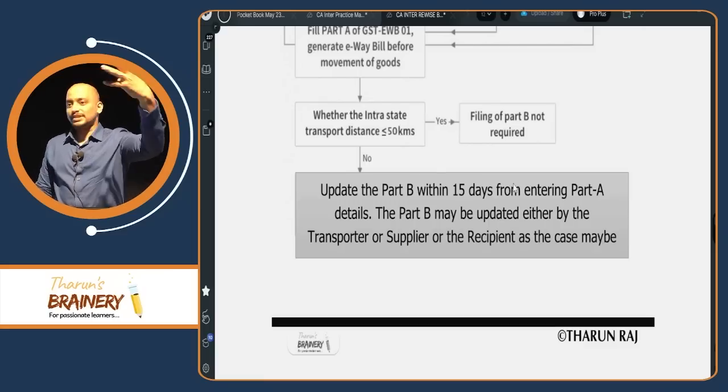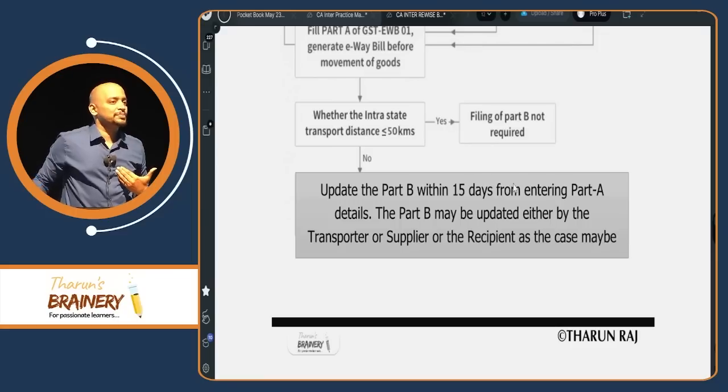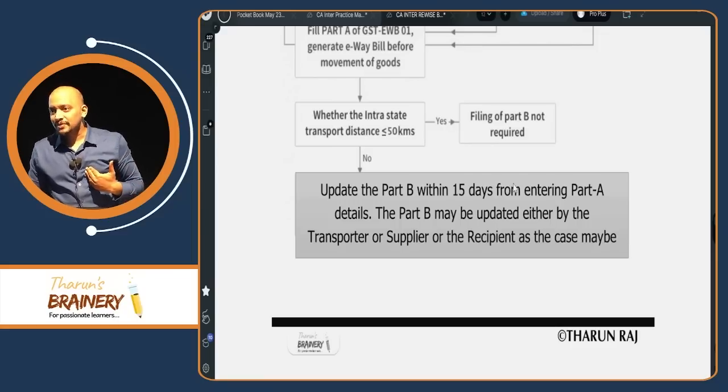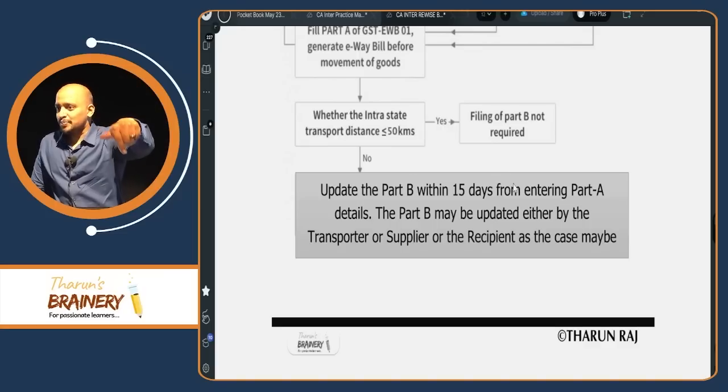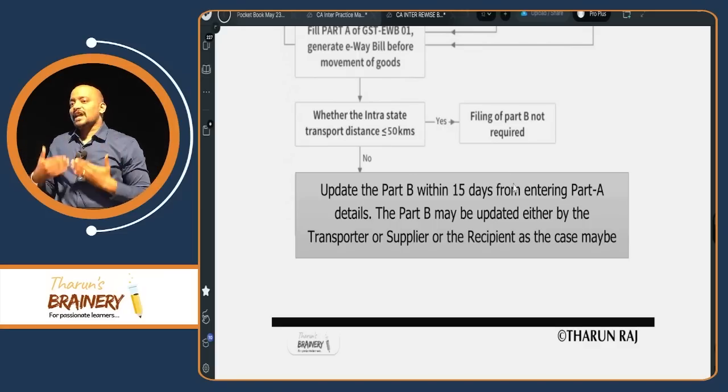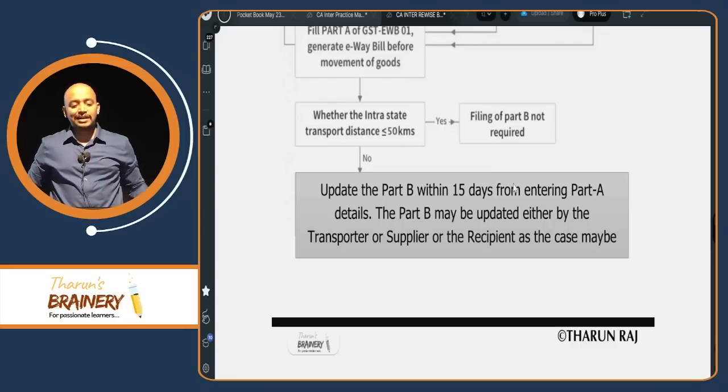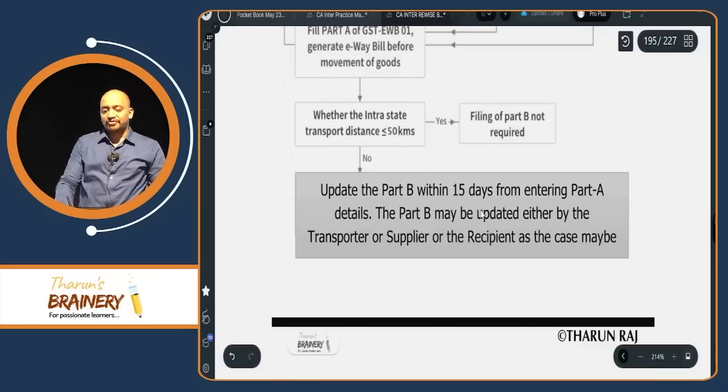I gave the goods to the transporter. How will I know the vehicle number? Who knows the vehicle number? Transporter. Then who should update Part B? Transporter. So you need to update within 15 days from the time I completed Part A. So update Part B within 15 days from entering Part A details.